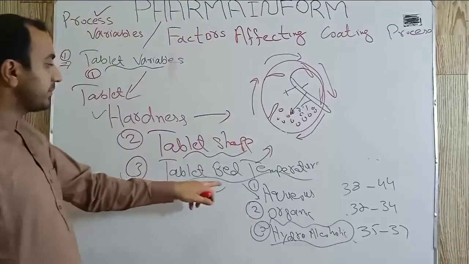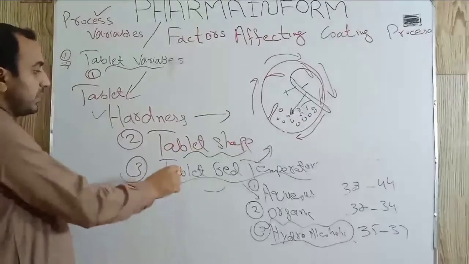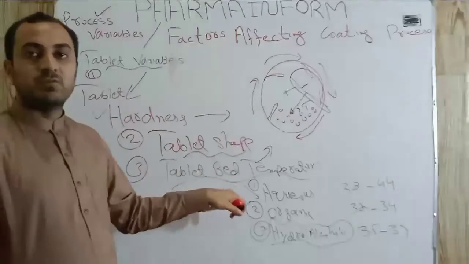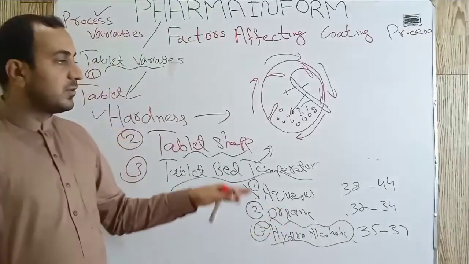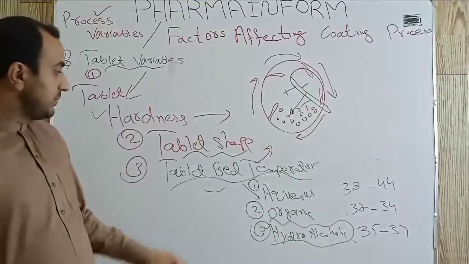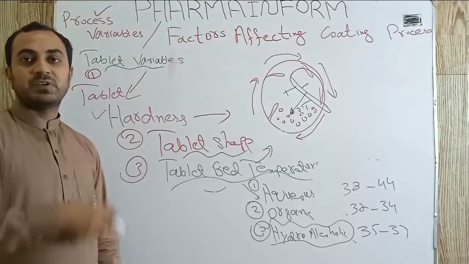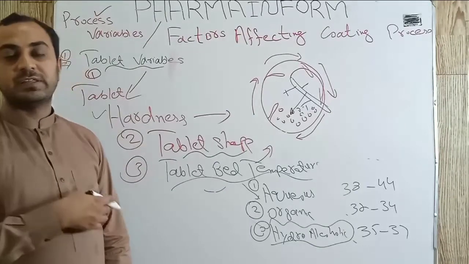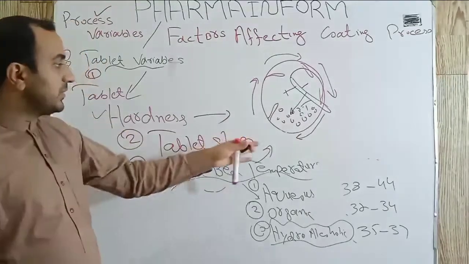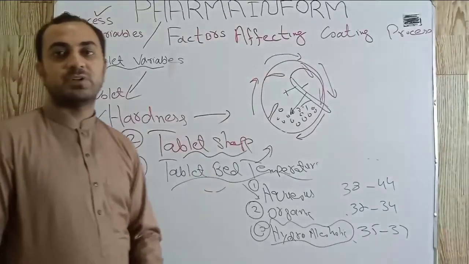The next, or third, tablet variable is the tablet bed temperature. It is the most important point which we have to understand for the understanding of the coating operation. First we will discuss what tablet bed temperature is. Basically, when our core tablets rotate in the coating pan and we apply some heat to warm them, the temperature of the core tablets is known as the tablet bed temperature.